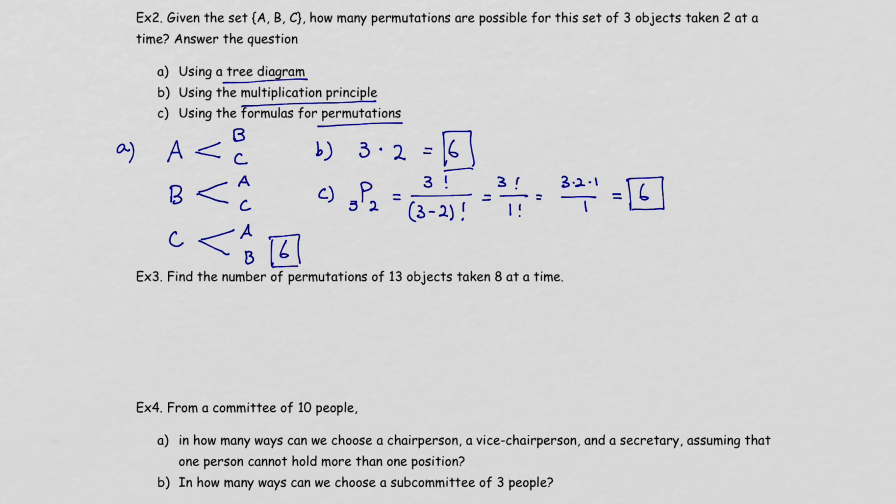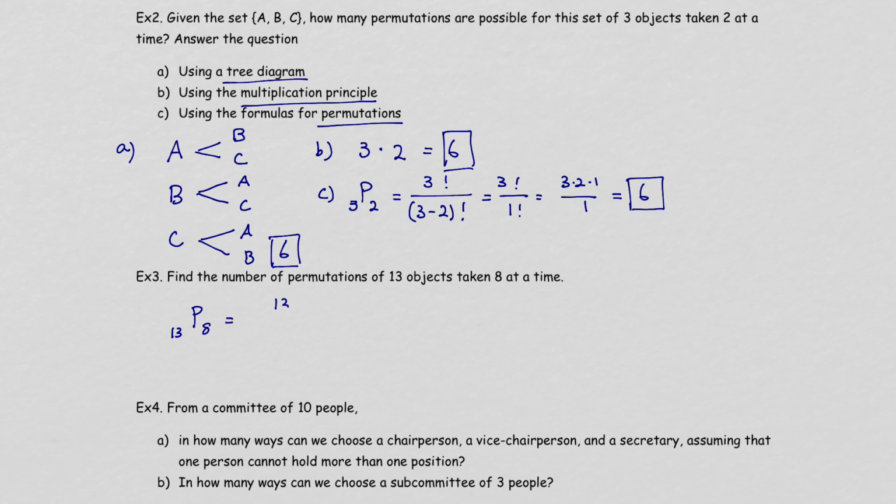So when we're looking at example 3, you should be able to do any method of your choice on this one. It says permutation of 13 objects taken 8 at a time. So if I wanted to use the formula, it will be the permutation formula. The total number is 13 objects, and you're picking 8.